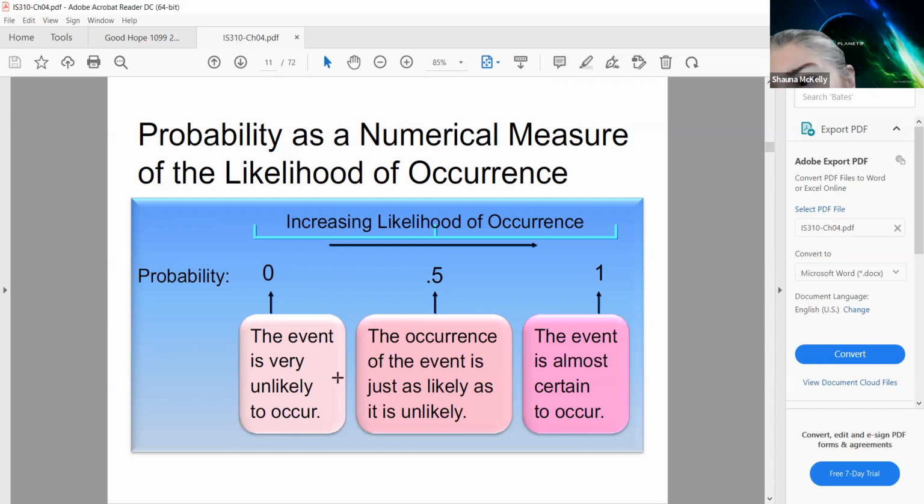But I want you to know that 0 means impossible. 1 means absolutely certain. So if I said, I'm going to roll a die and I'm going to see a number less than 10, that's absolutely certain if it's a fair die that's 6-sided, right?